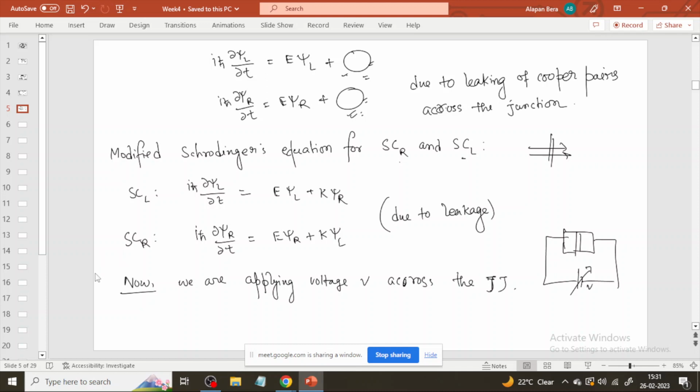So what will be the energy of these electrons then? Energy of the left electrons will be eV, and the energy of the right electrons will be minus eV.